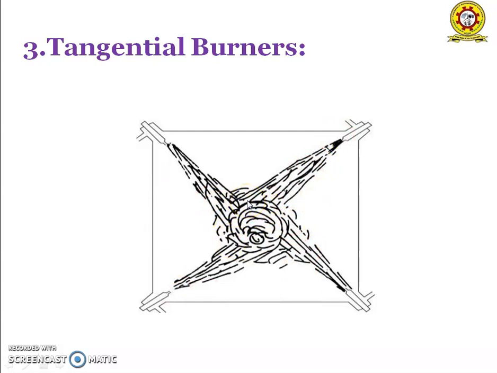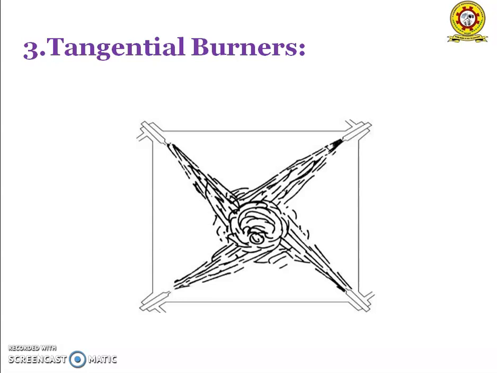The burners are set in the four corners of the combustion chamber at such an angle that the direction of the coal and air stream leaving the burners lies horizontally and tangential to a circle of about 0.6 meters.